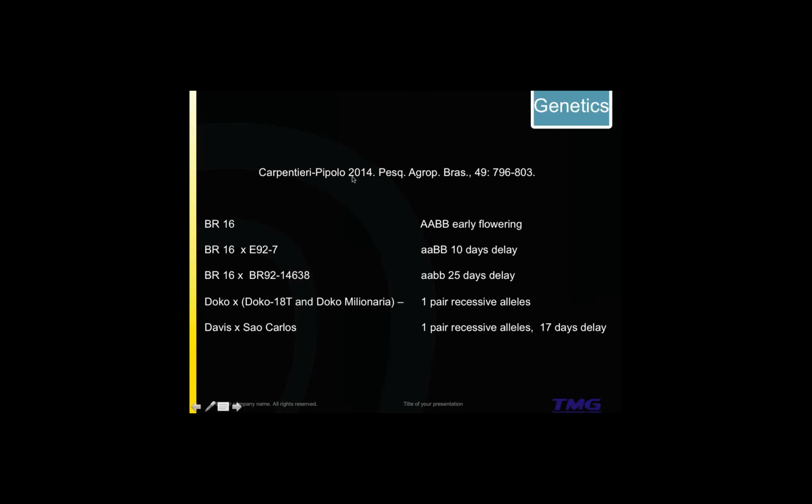It's Carpentieri and colleagues, probably the person here in Brazil who has studied this the most in the past. This work was done when she started as a graduate student with Romeu Kiel, back when he was at Embrapa, in the late 90s and early 2000s.